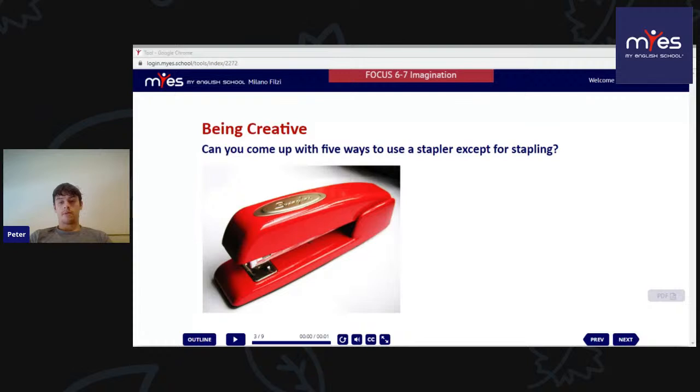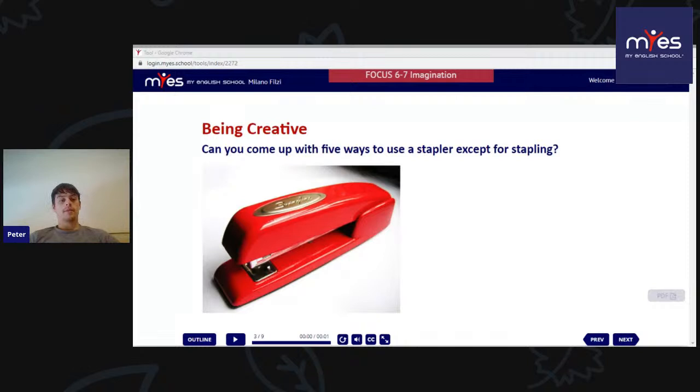I think maybe one way to use a stapler is as something called a paperweight.